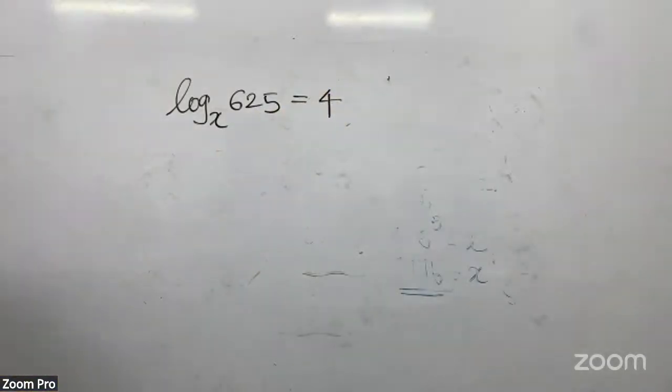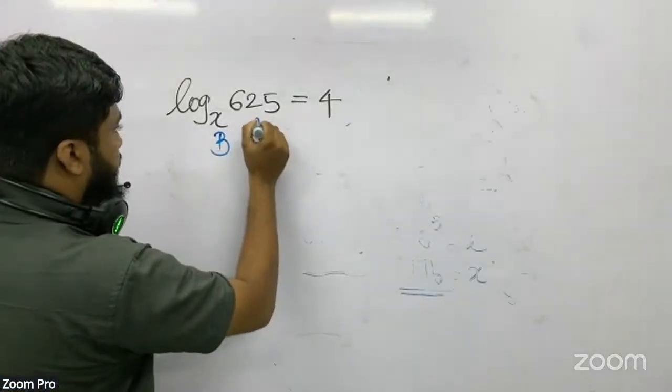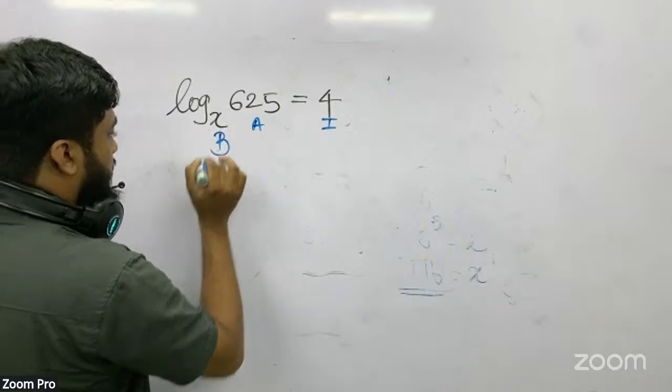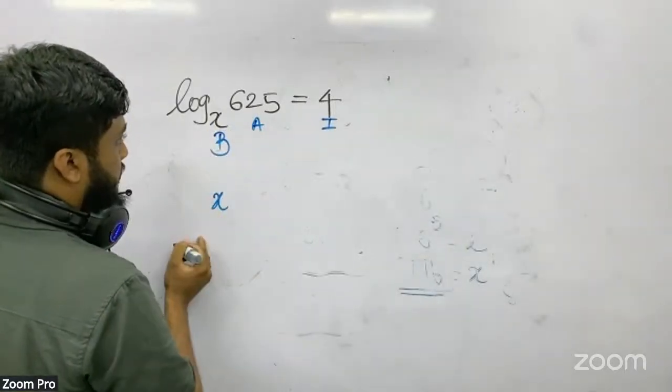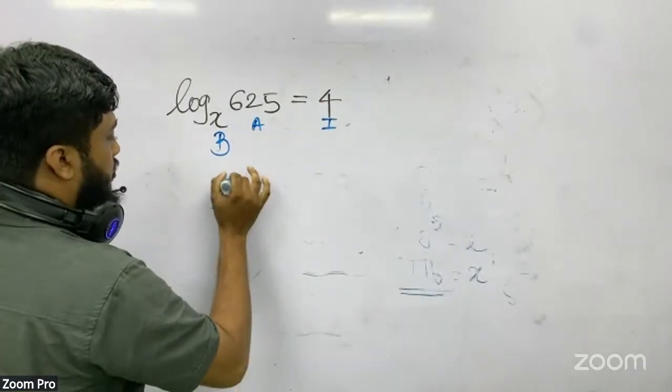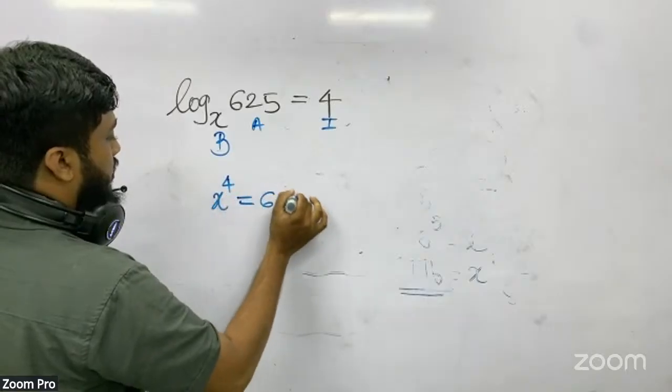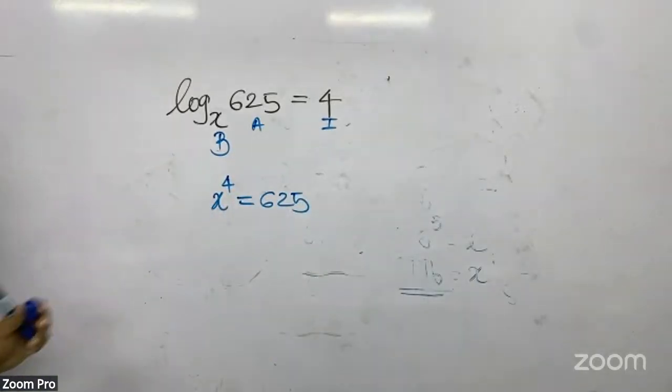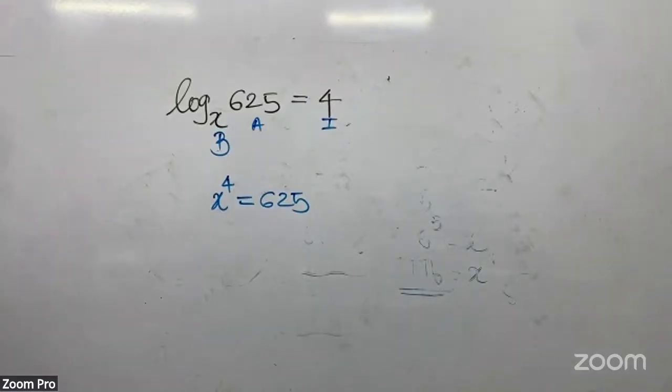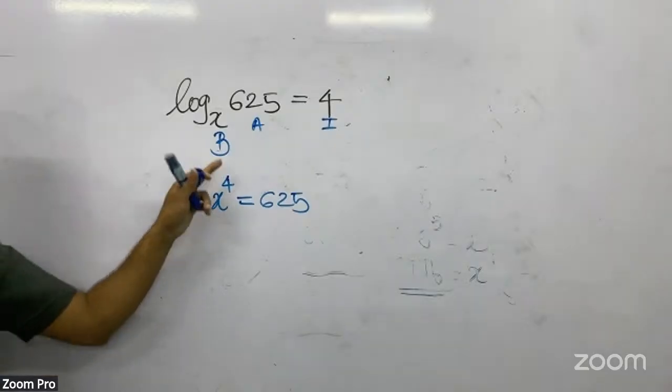Now what can you write here? You can write log by here. What is the base? Base is x. Index is 4. Answer is 625. Which one to the power 4 is 625?